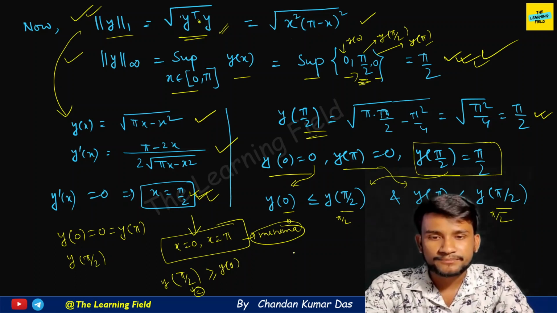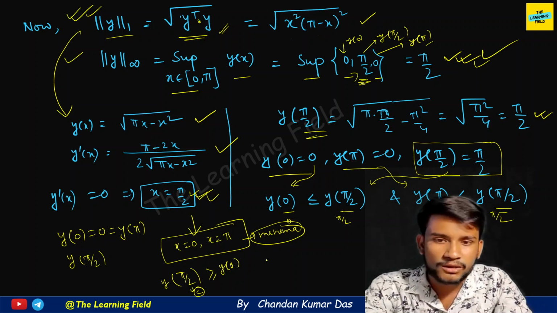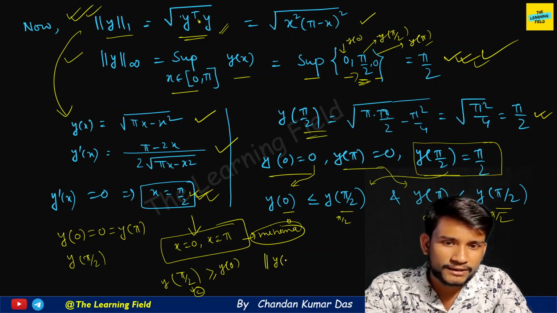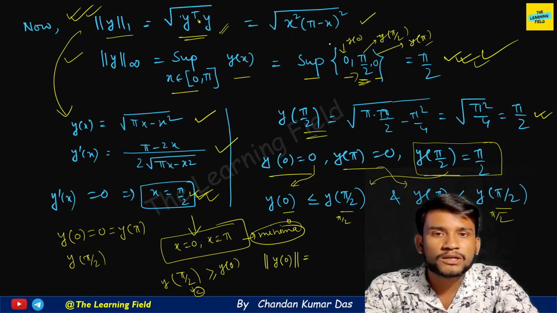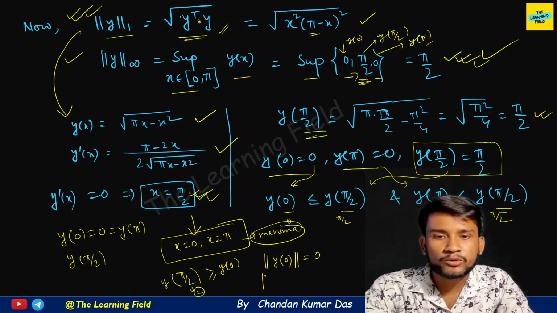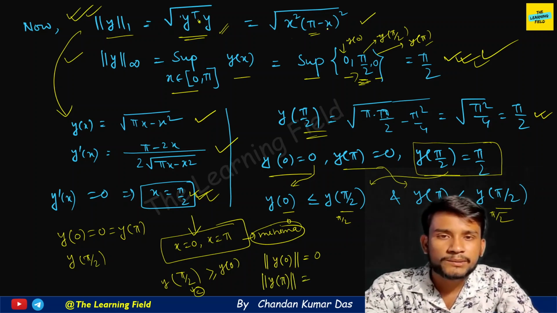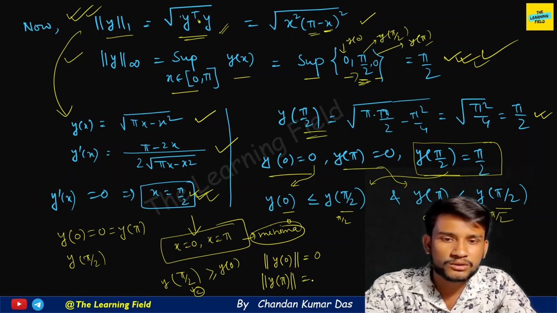Okay, and if we calculate the norm, that is this C1 norm, the norm at the point 0 is equal to, if we put 0 here, simply 0, and the norm at y pi, if we put pi here, we can also get 0.